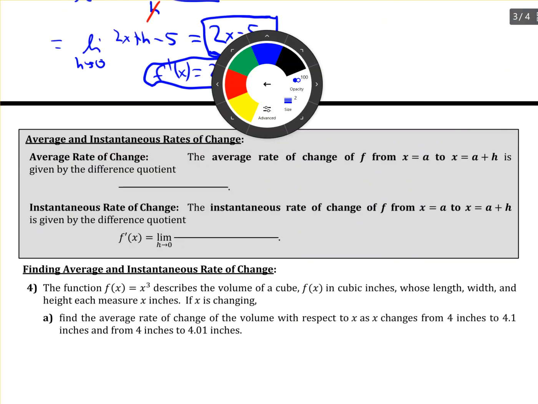All right, so the average rate of change, again, we talked about this. This is our formula. So that's f of a plus h minus f of a over h. And then this is f prime.